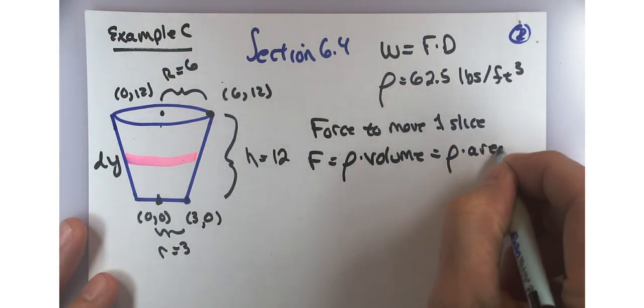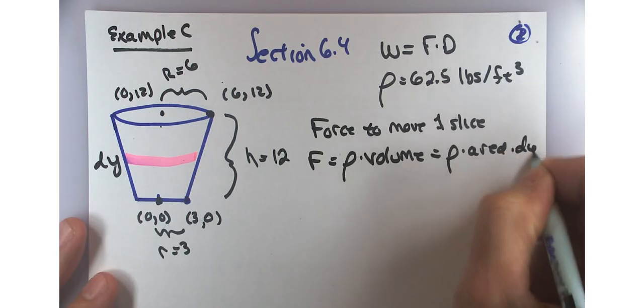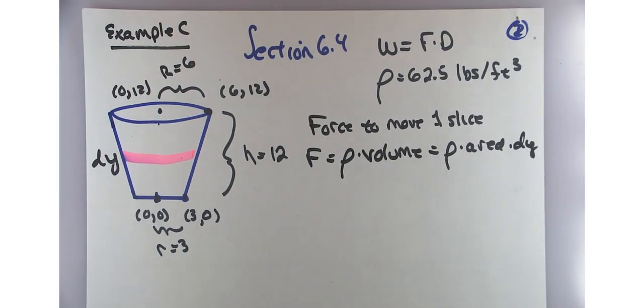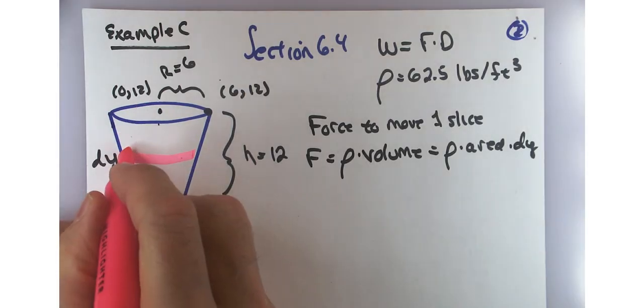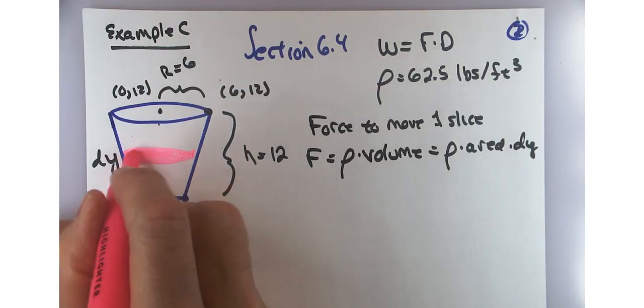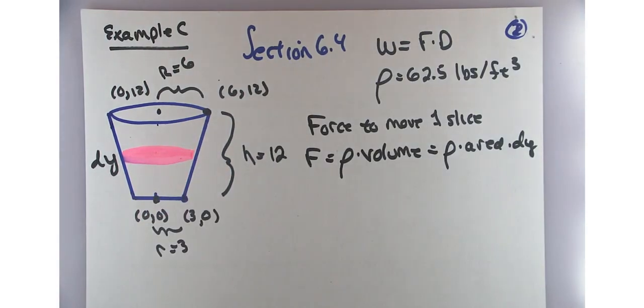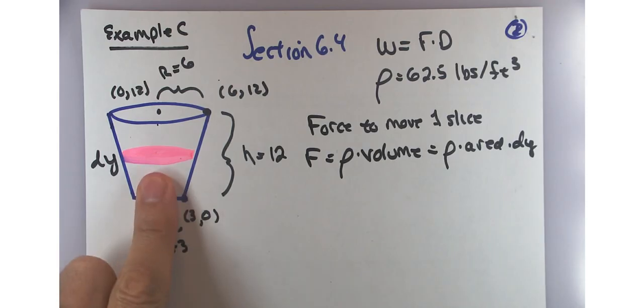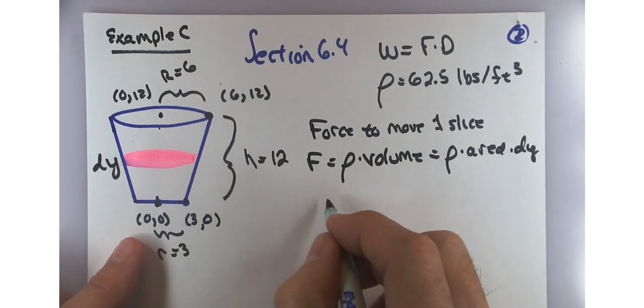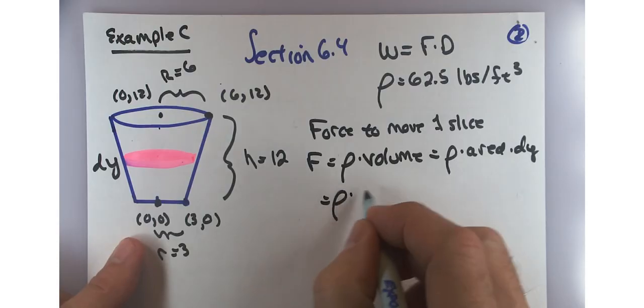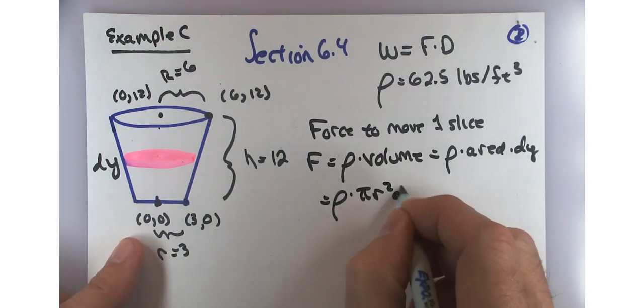Area times dy. Well, what's the area of this slice? If you looked at it, moved it around in your mind, what kind of figure is this slice going to draw out for you? Or what's the area of this cross section? Pi r squared. Thank you, Brandon. So pi r squared, so it's going to be rho times pi r squared times dy.